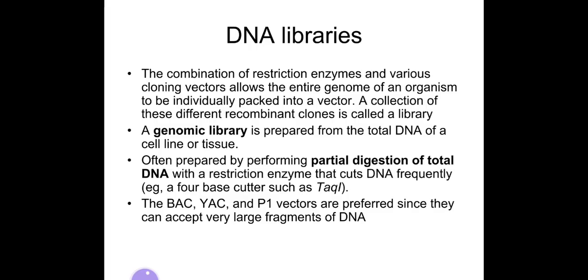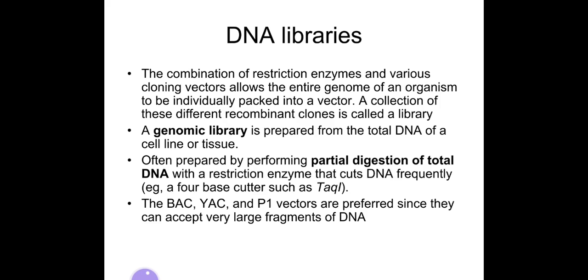So the combination of restriction enzymes and various cloning vectors allows the entire genome of an organism to be individually packed into vectors. We take the entire genome, isolate the DNA, and use a restriction enzyme to cut that DNA into fragments. These fragments are ligated into the plasmid, and these plasmids are transformed into the bacterial cells.